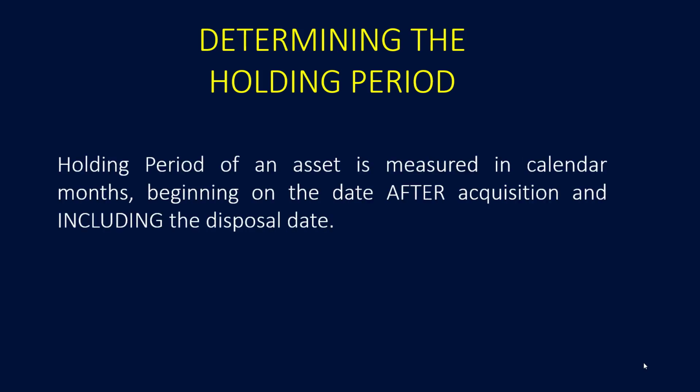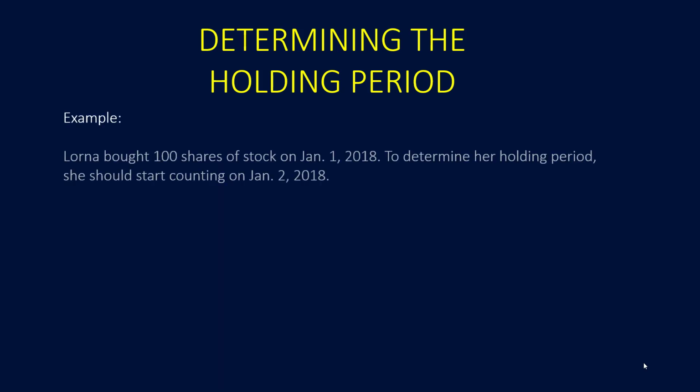Holding period of an asset is measured in calendar months beginning on the date after acquisition and including the disposal date. For example, Lorna bought 100 shares of stock on January the 1st, 2018. To determine her holding period, she should start counting on January the 2nd, 2018.